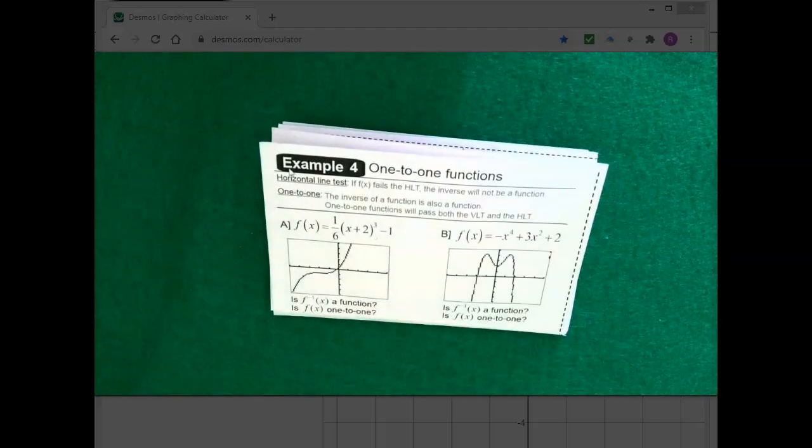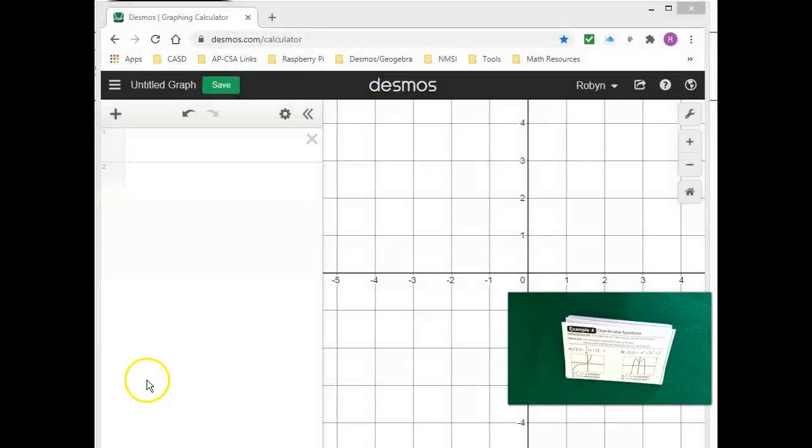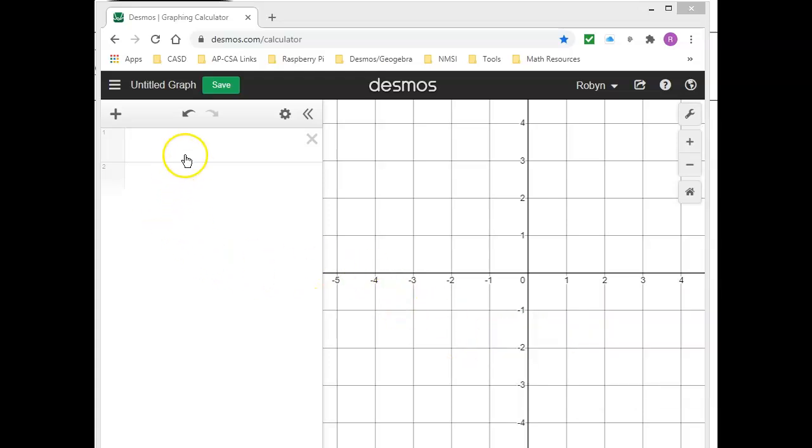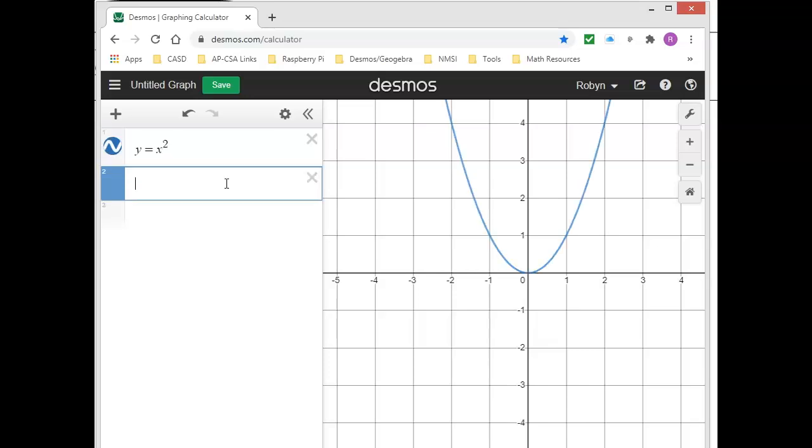So before we take a look at these two examples on the back for one-to-one functions, I just want to go over here to Desmos real quick so that we can take a look at what we mean by one-to-one functions. So if I start here with just a basic parabola, so y equals x squared, remember that for a graph to be a function, it has to pass the vertical line test.